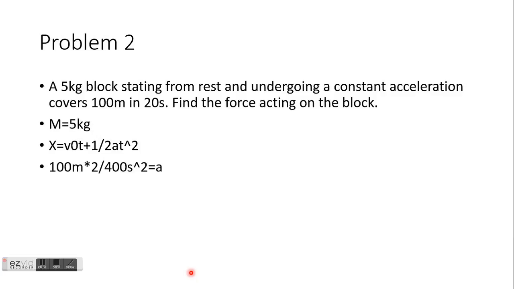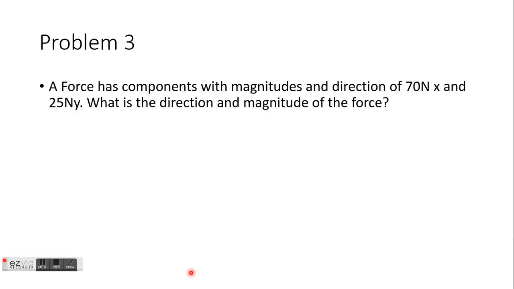So x equals v naught t plus 1/2 a t squared. V naught t cancels, so 100 meters times 2 divided by 400 seconds squared, because the 20 squared, is equal to a. So a is 0.5 meters per second squared, and then 0.5 meters per second squared times 5 kilograms equals 2.5 newtons. Pretty simple problem again, just solving for what a is, and then F equals ma.